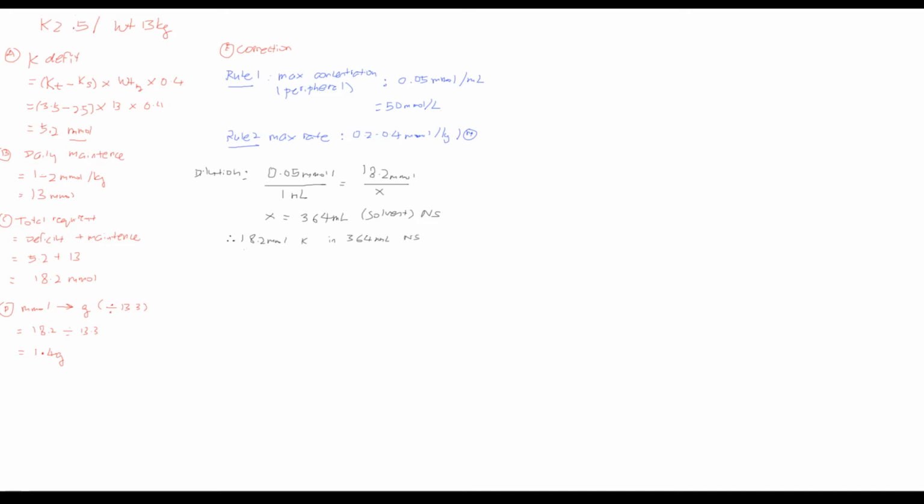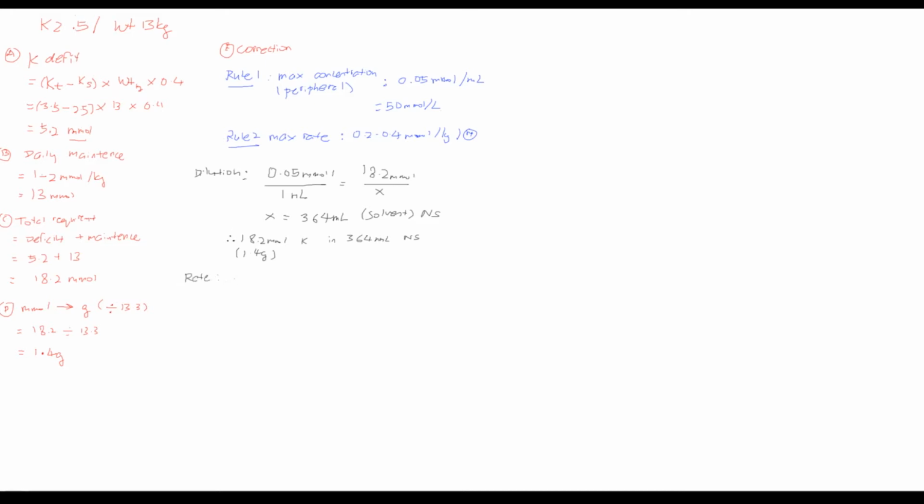But keep in mind that this is the maximum concentration that we should be giving in this patient. So we should go below this concentration. This is the maximum. 18.2 millimoles is also equal to 1.4 grams of potassium. This is the dilution.